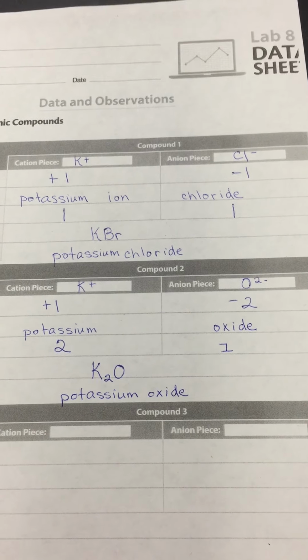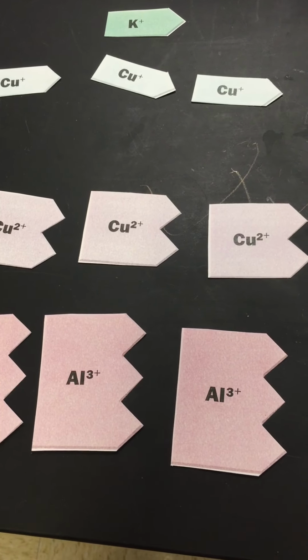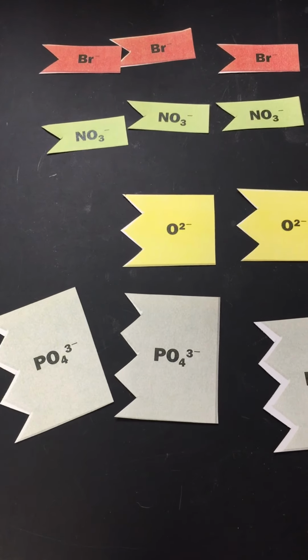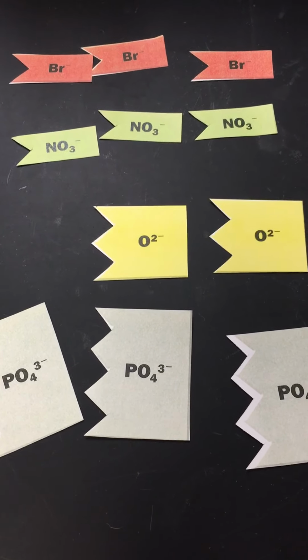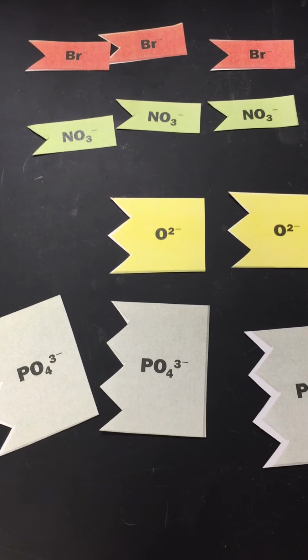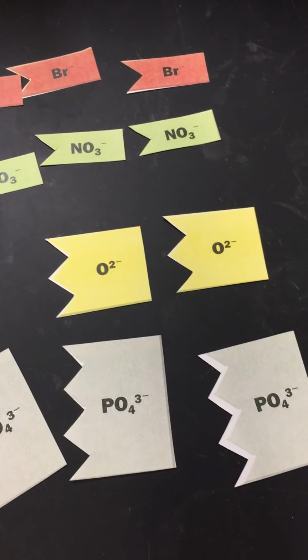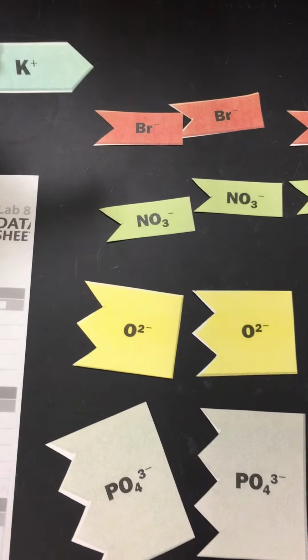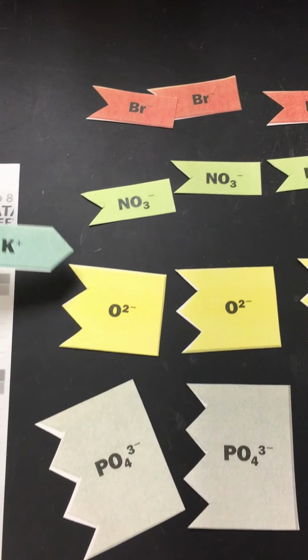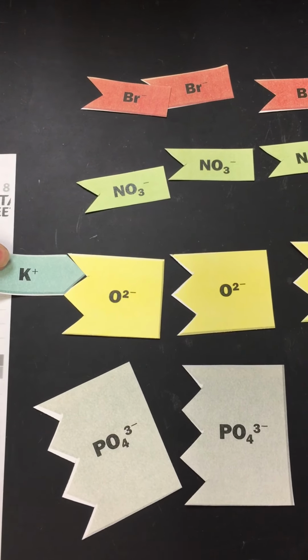Do all the combinations of every positive cation with every negative anion. There are 16 possibilities here. I showed you potassium with bromine and potassium with oxide.